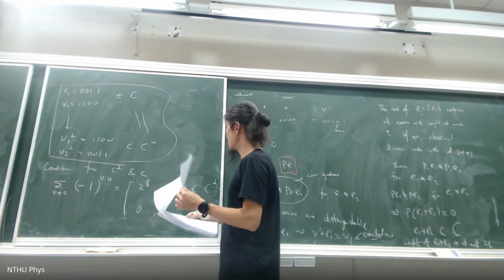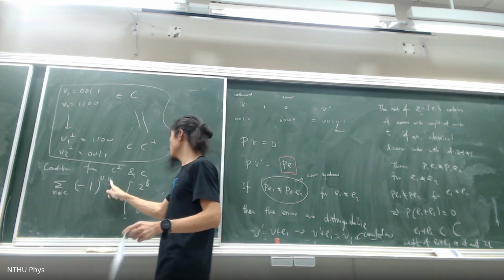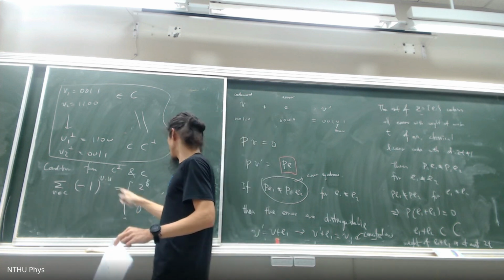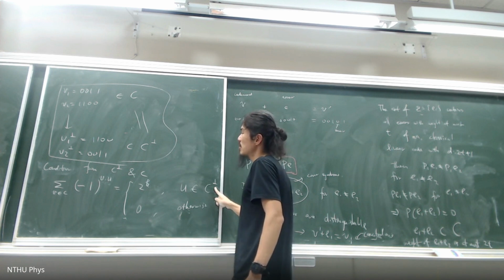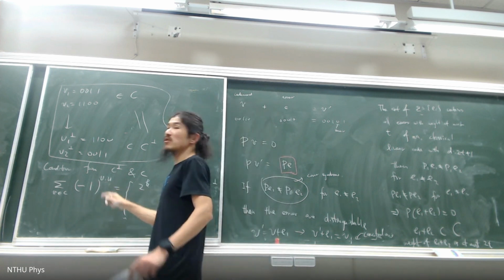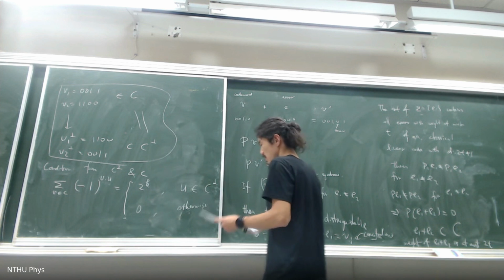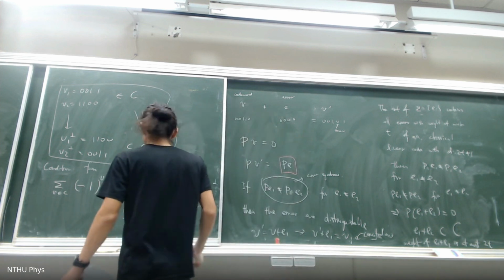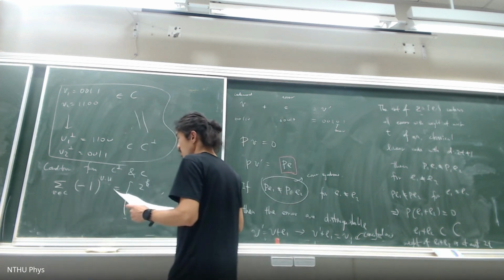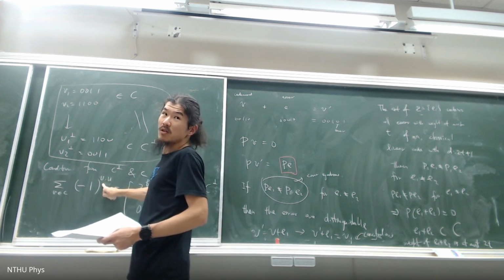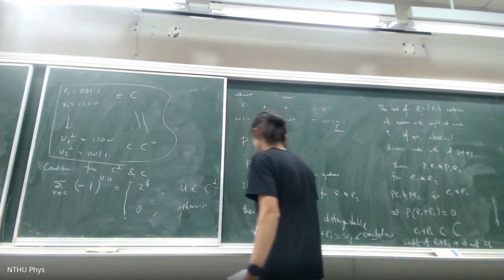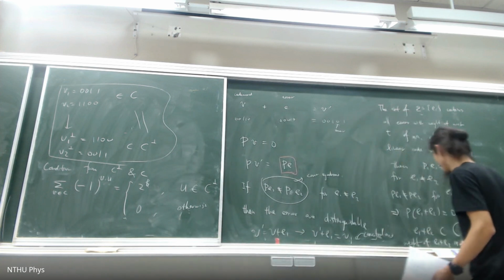The other thing is, if U does not belong to the dual space, then this is not 0, so this inner product will only give you 1, because this is a binary system.